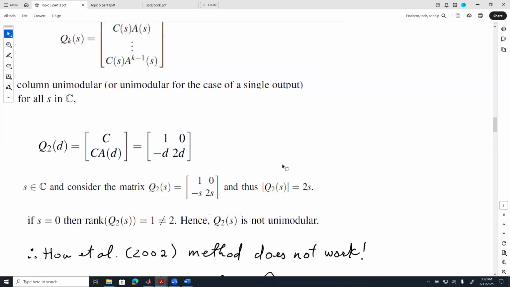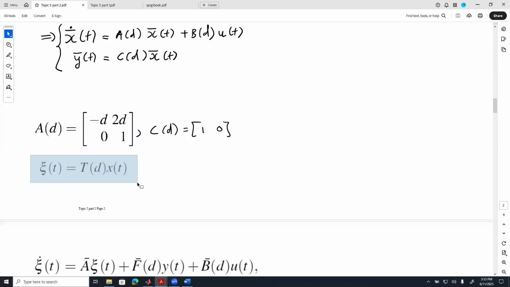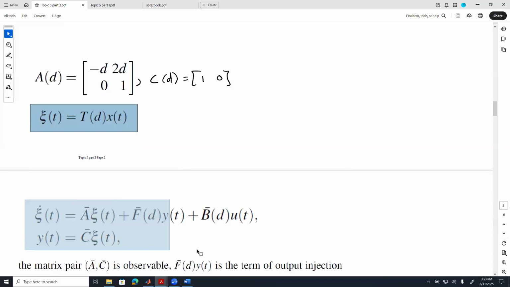And so we say, okay, for all values s in the complex plane, if this matrix here, where D is replaced by s, has full rank, which is 2, for all values of s in the complex plane, then if that condition holds, there will exist a state transformation to transform the system into this form.